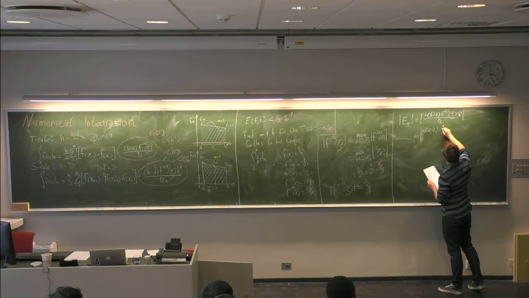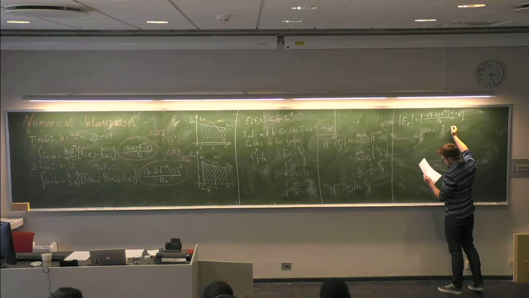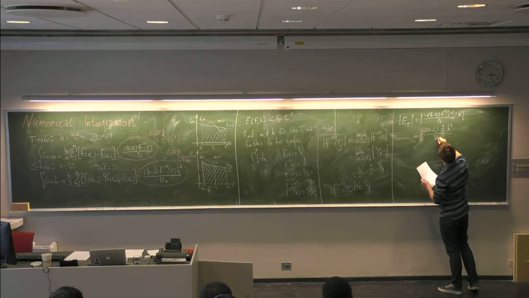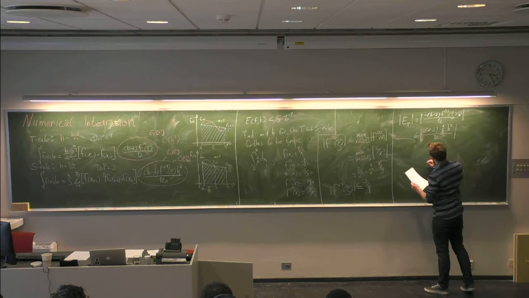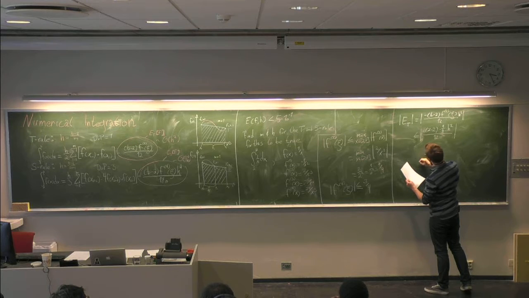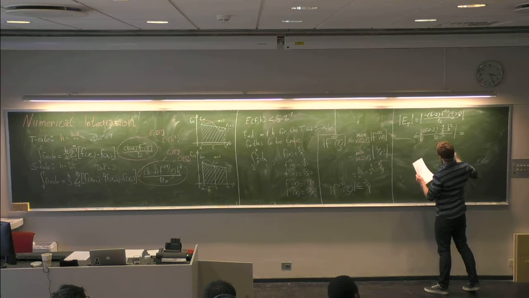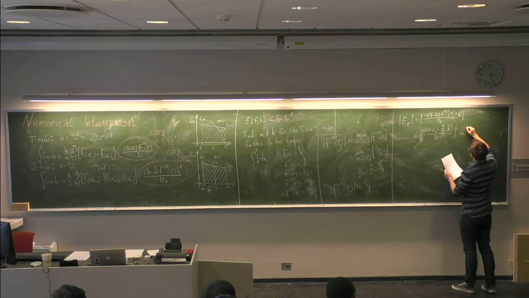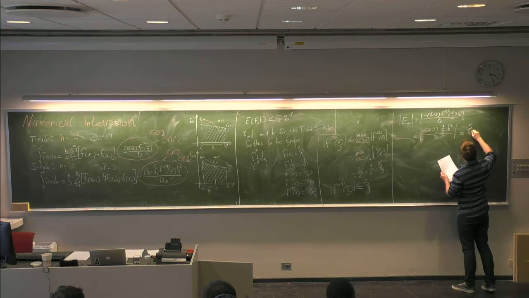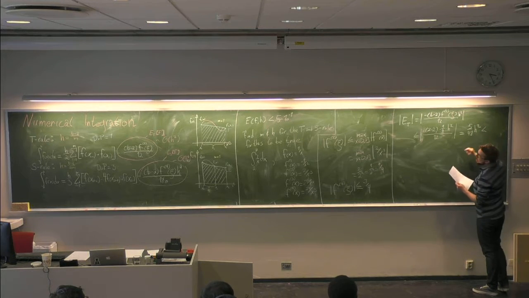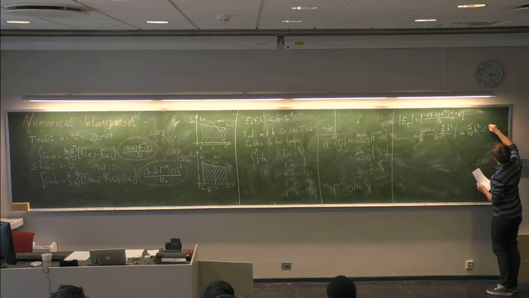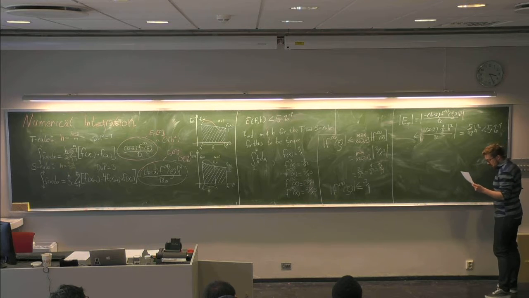If we just insert that, it's going to be less than h squared divided by 12, and we should be getting 5/48 h squared, and we want this to be less than 5 times 10 to the power of minus 9.